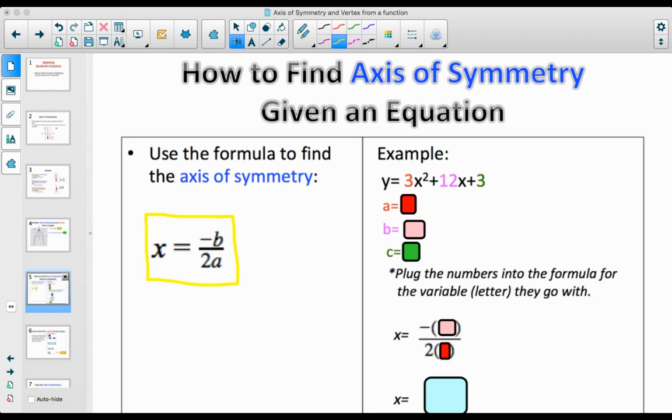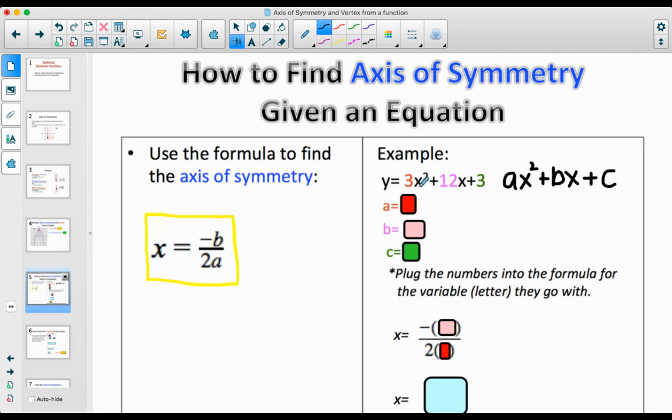We talked about last class the quadratic formula, remember, it's ax squared plus bx plus c. The variables a, b, and c are what change in each function. Those represent some number.